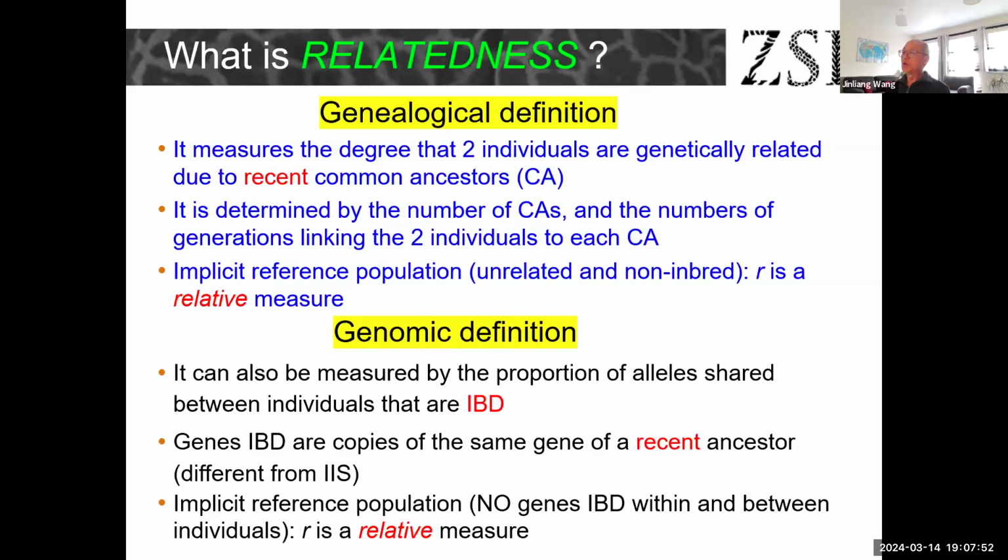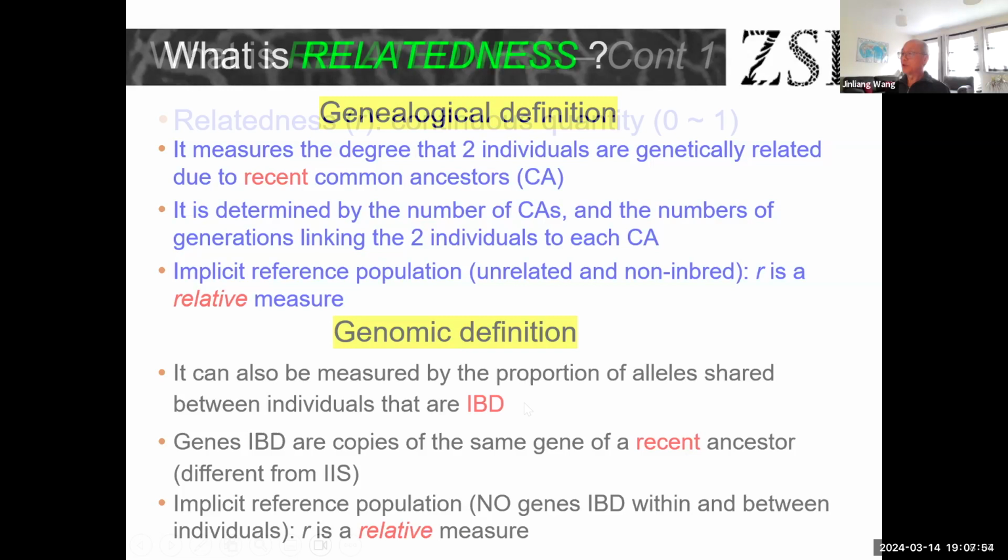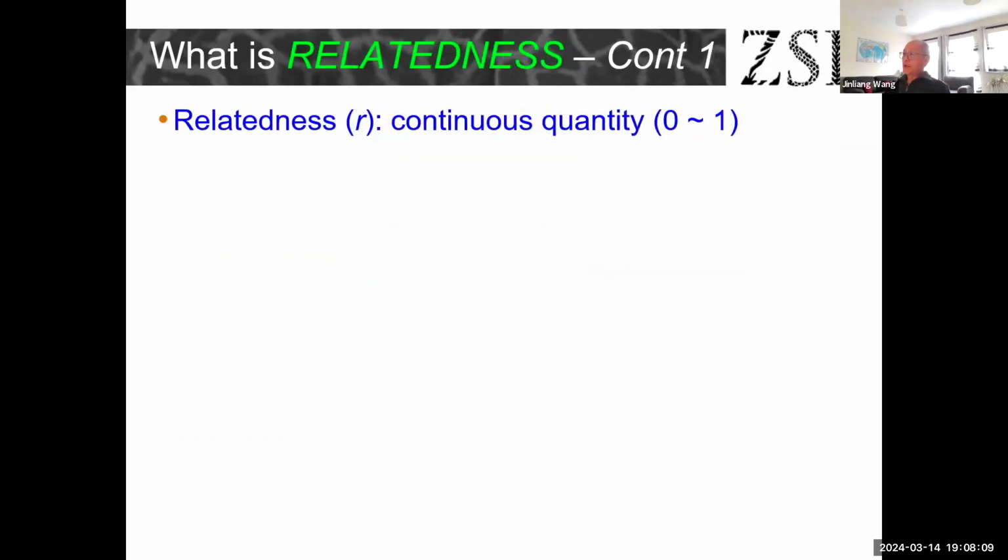So this is equivalent to the genealogical definition. So relatedness is really a probability in the continuous range between 0 and 1. 0 means no relatedness, while 1 is completely related.